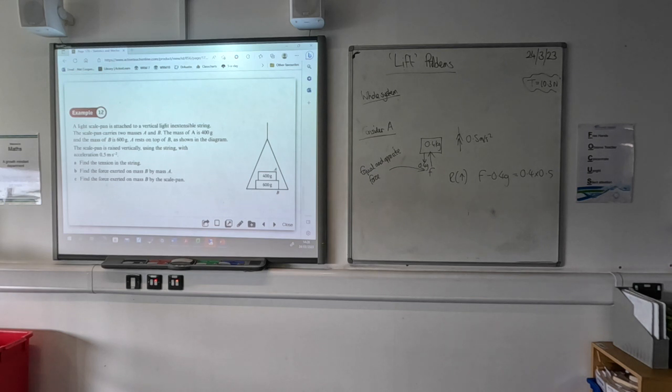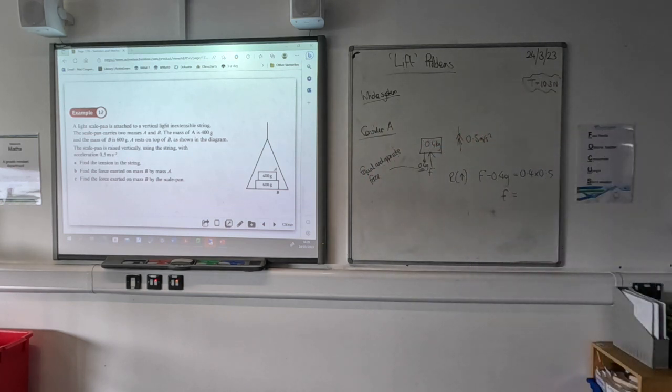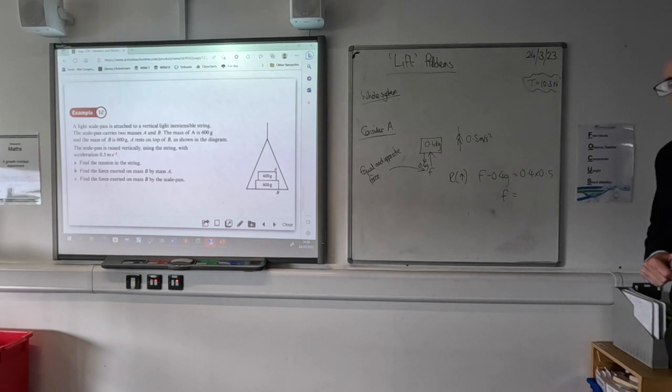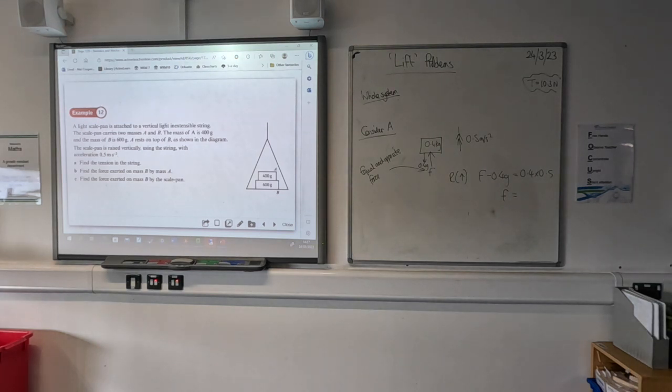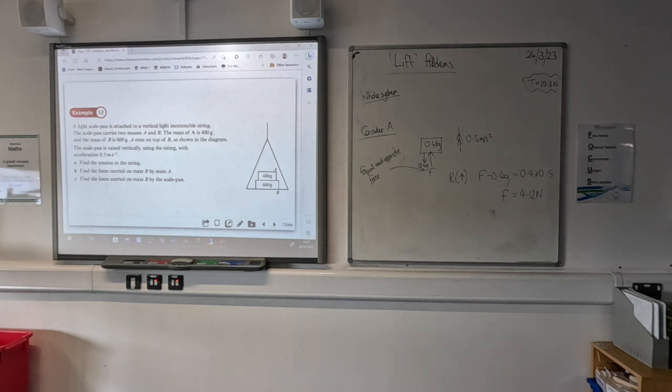Go on, quickly work out F for me. So we should get 4.12. So G is 9.8, so 0.4 times 9.8, add that on to 0.2, and gives you your answer.